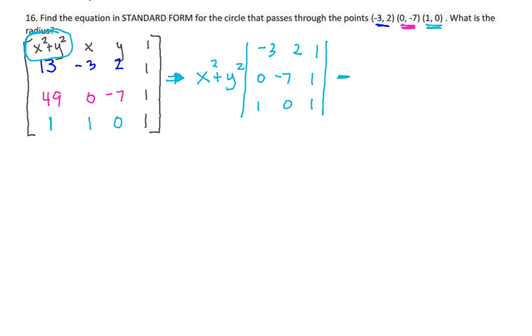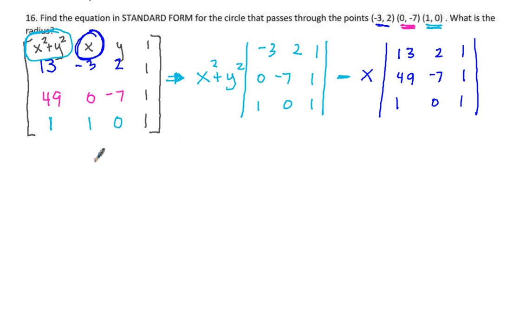Minus, now we find this one's, so we take away the second column, and we find the determinant of what's left, which is 13, 2, and 1, and 49, and -7 and 1, and 1, and 0 and 1. Then we do plus the y header.